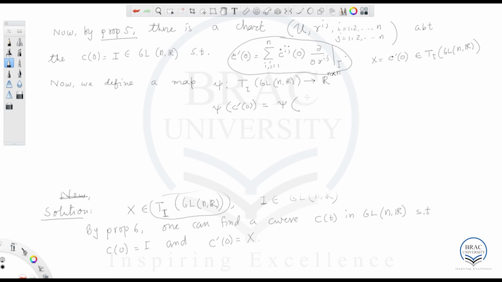By this equation, psi of the sum over all ij of c-dot_ij(0) del by del r_ij at I. And we define the map psi to produce this matrix c-dot_ij(0), where i, j run from 1 all the way up to n.